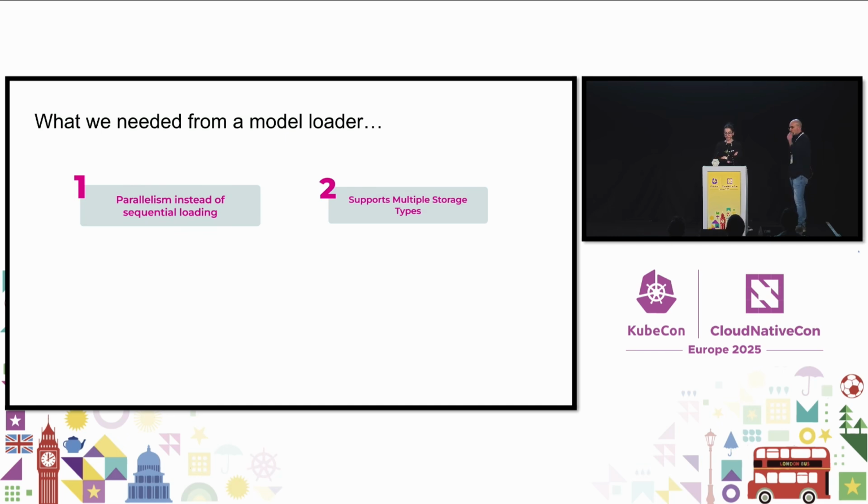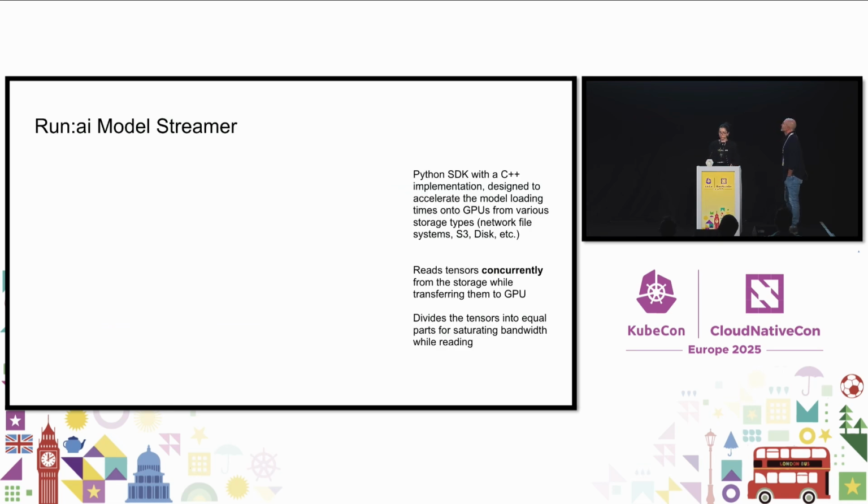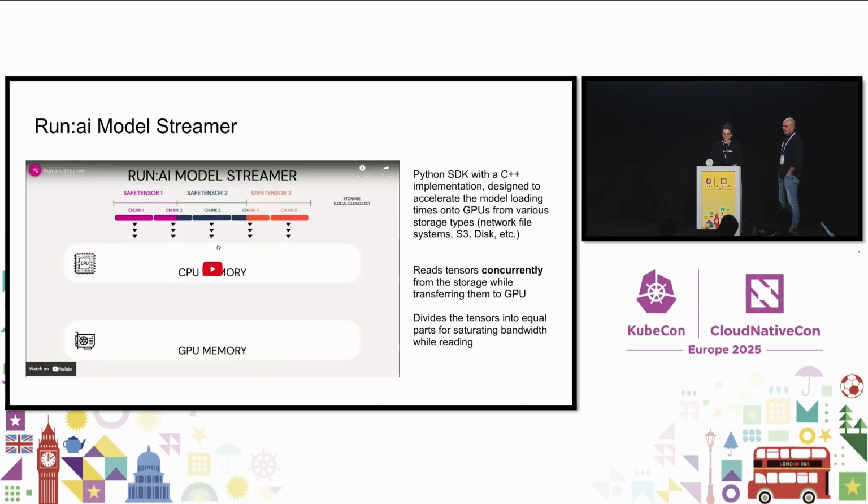So that's something that we wanted to avoid. Third, we want to be compatible with safetensors. The safetensors format for model weights is becoming the state of the art, and it's very safe. So we wanted to work with safetensors specifically. And we want this project to be integrated easily with different inference engines. We don't want to keep pushing a single inference engine that you should use in order to leverage the project itself.